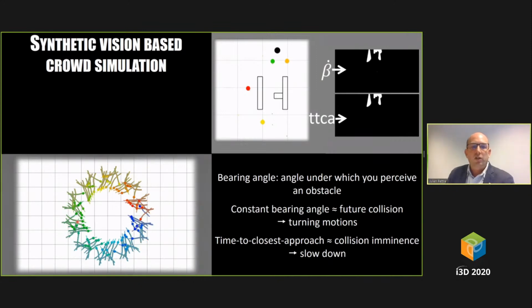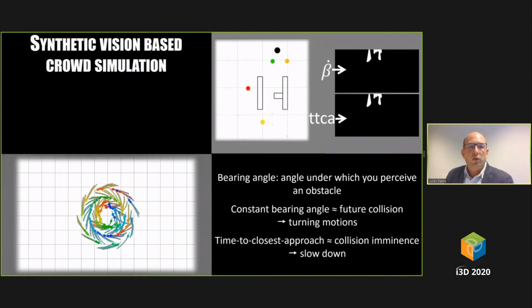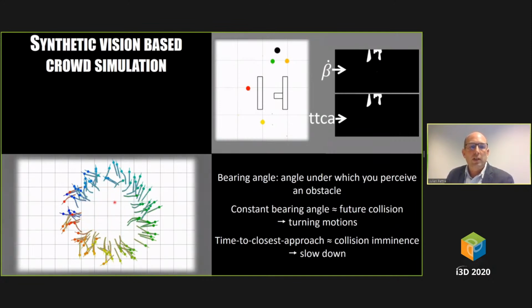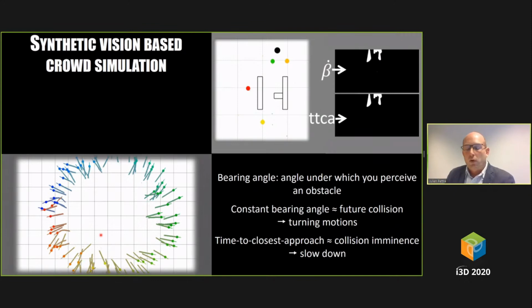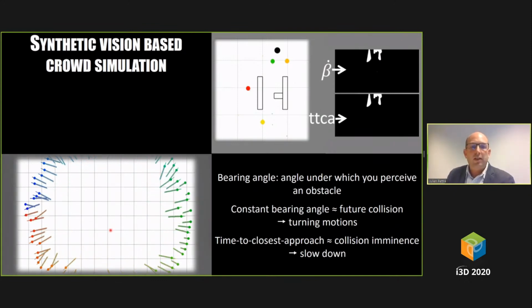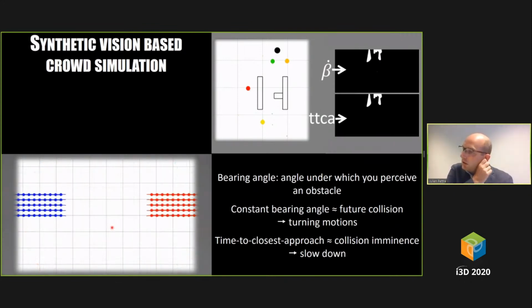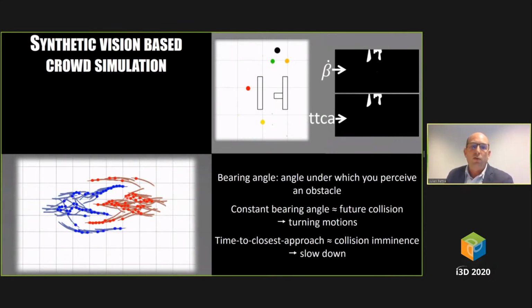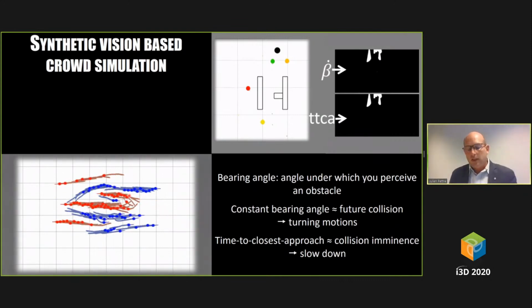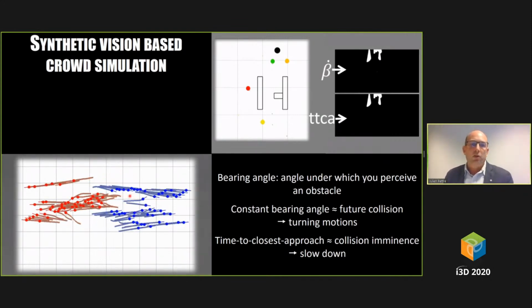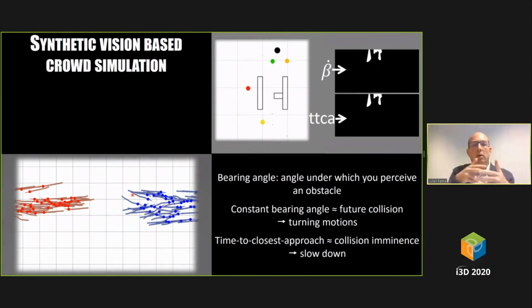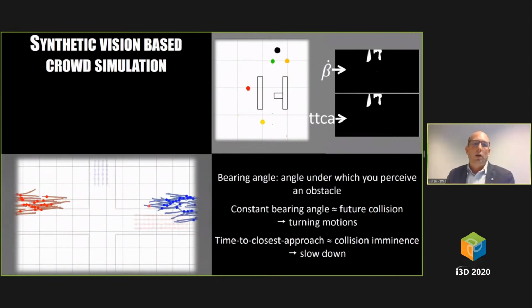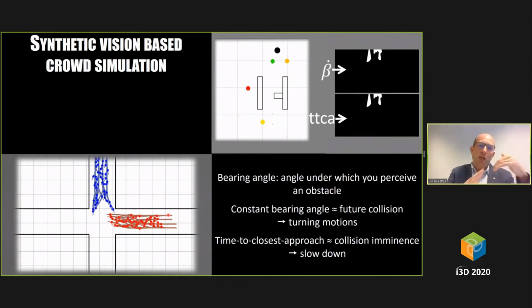But if you ask agents to move according to the same rules, you will have those fascinating emerging patterns from the simulation. And let me say that those patterns can be observed in real life. Here the signature of those patterns is sort of strong, but still something you can observe, like the formation of lanes in those bidirectional flows, or the formation of 45-degree lanes in this orthogonal traffic.